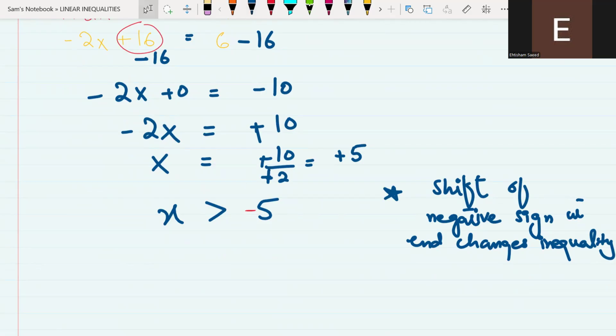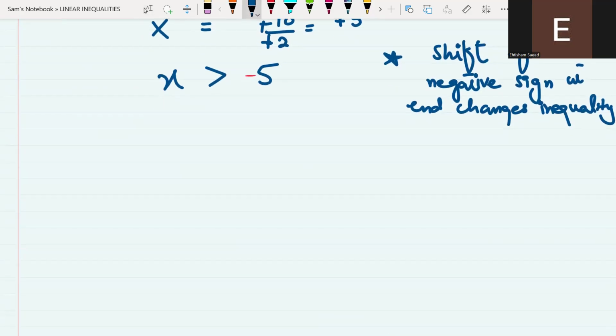For instance, I have another question. The question is minus 2x plus 5 is less than 4. Not 4, it's 8. Let's solve it.